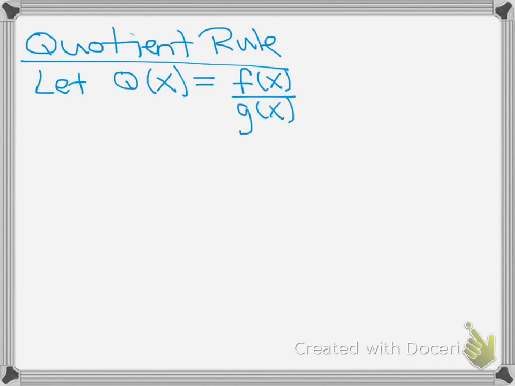Okay, again, both f and g are two differentiable functions. Okay, so we're going to kind of prove the quotient rule here. If I were to solve for f of x, I'm going to say, oh, well, that gives me g times q equals f. I'm going to drop the x's for just a little bit.